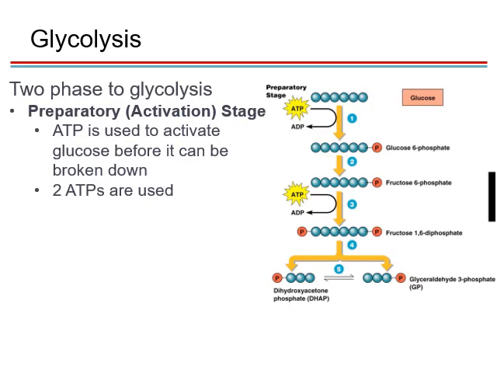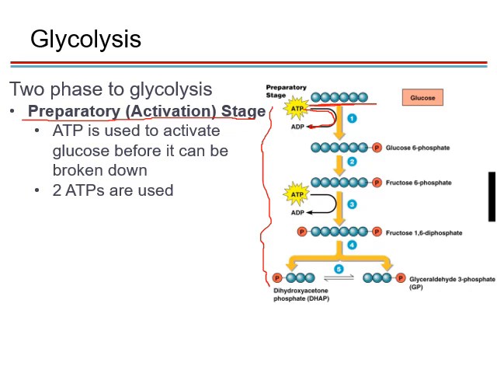There are 2 phases of glycolysis. This is only half of the reactions. This is called the preparatory or activation stage of glycolysis. You can see here's our sugar molecule. And in this first step, we're actually going the reverse direction. We're taking ATP and using it and making ADP. So we're actually breaking down ATP.